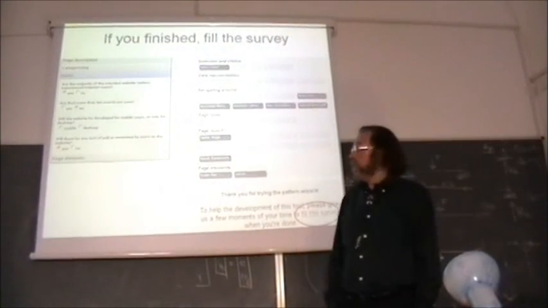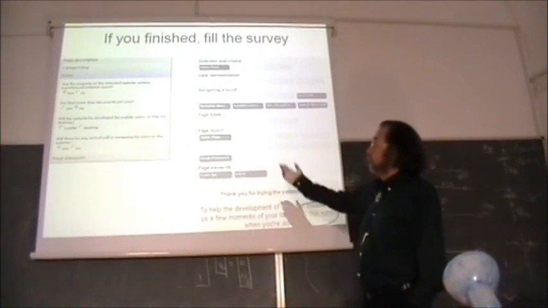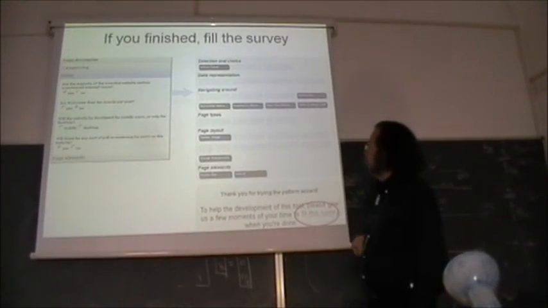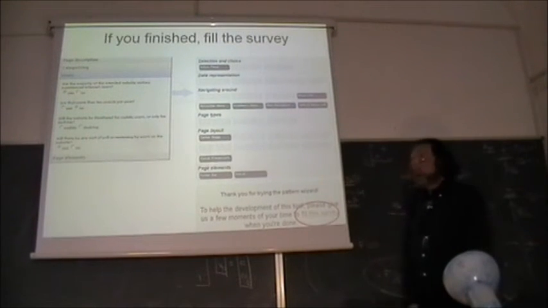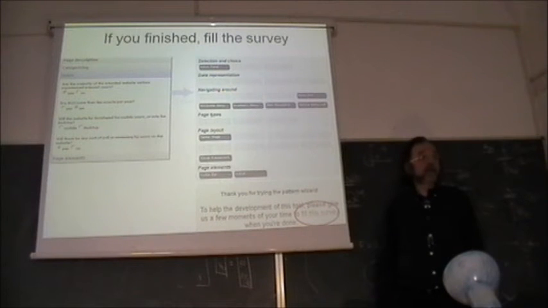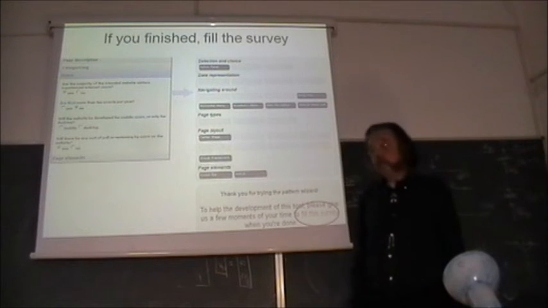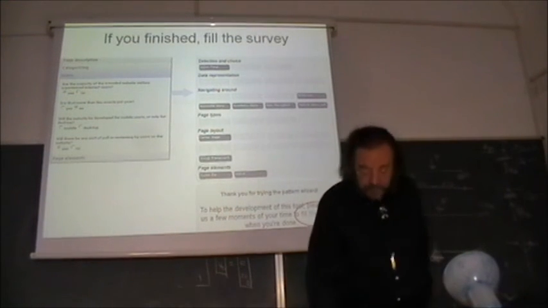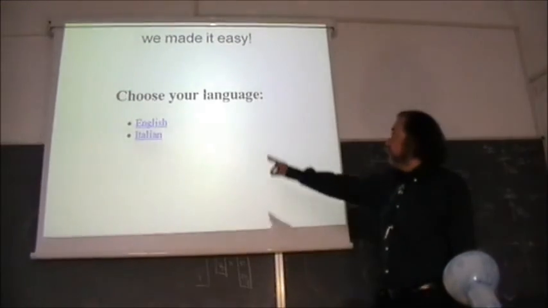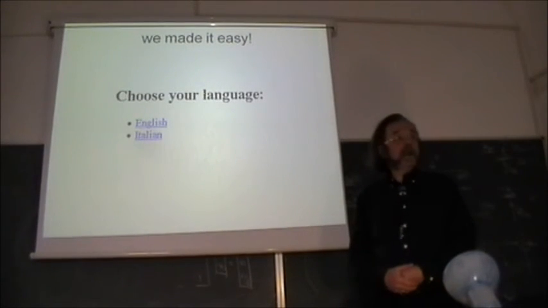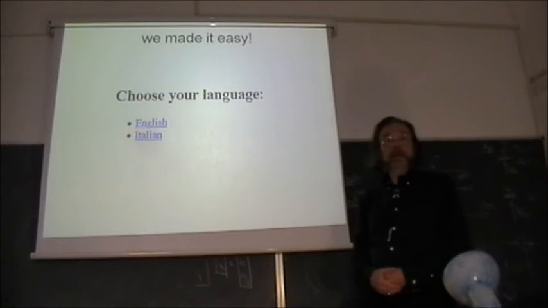And if you are completely finished, or you decide you are not going to do anything more, then the website asks you to fill in the survey. And I'm asking you to fill in the survey as well. And I know English surveys are difficult for you. So, once you click on the survey, you get this question. And this is made especially for you.